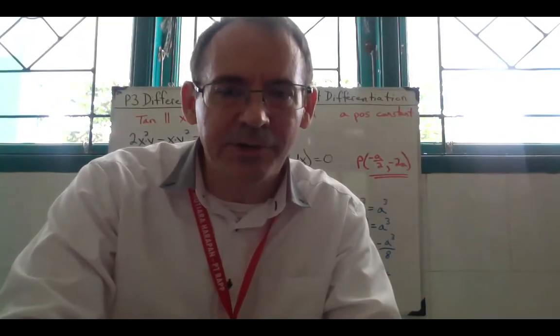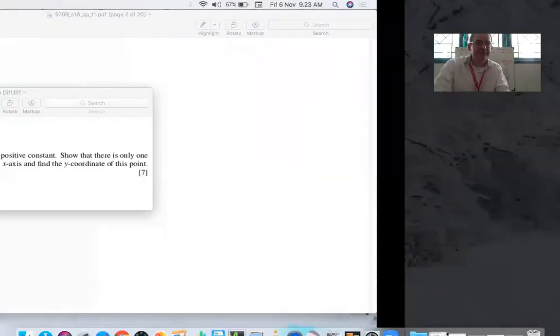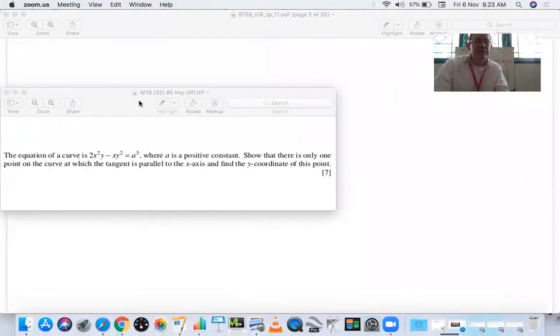Okay, for our next problem, let's take a look at it. Here again is the code up here, W19, Winter 19, paper 32, number 5. The equation of a curve is 2x² minus xy² equals a cubed, where a is a positive constant.